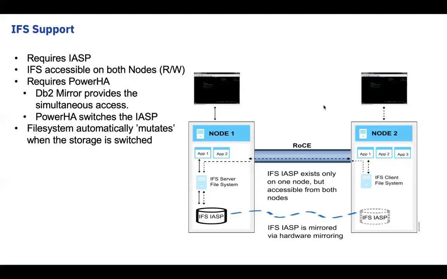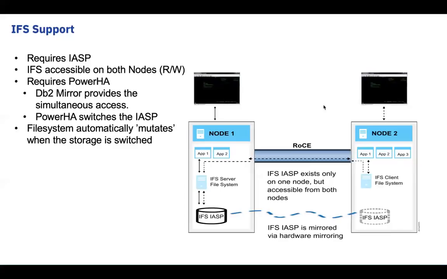So what Db2 Mirror has done is extend that to be able to access the IFS file system from both sides. So if the IFS file system is varied on node 1 in this case, on node 2, you could mount that file system and read and write from node 2.